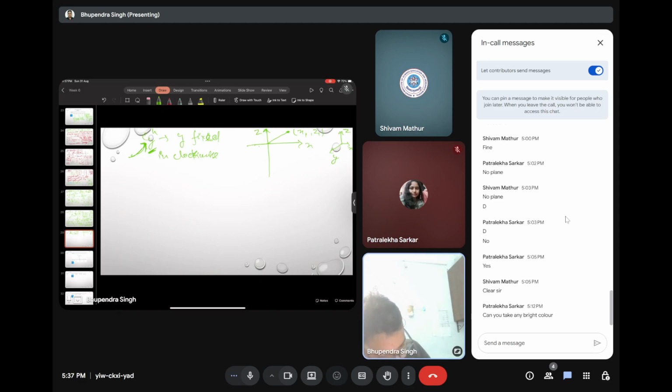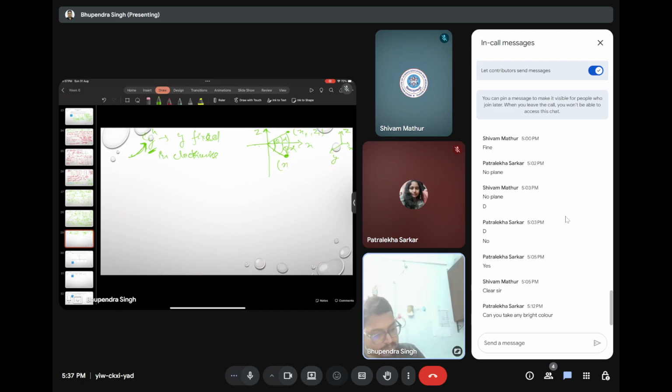how will it look? It will change its position to here. Why will it change its position? Because I am rotating it in the clockwise direction, like this. This is theta, full theta. This is your alpha. This is theta minus alpha.